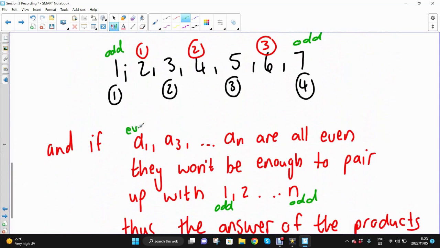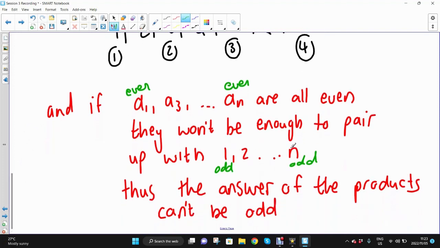So that's going to be even, and your last is going to be even. See, this doesn't make sense, because if I'm going to go from even to even in this scenario, the even numbers are definitely going to be more than the odd numbers. But if I then pair them up with 1 to n, in this case, the odd numbers are definitely going to be more than the even numbers. So there is a big contradiction here.